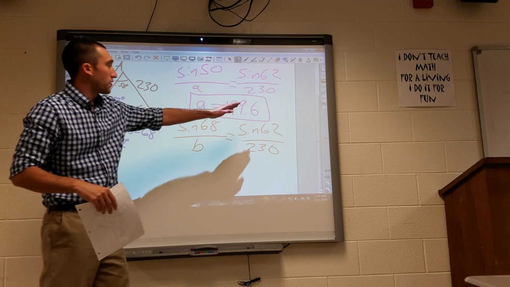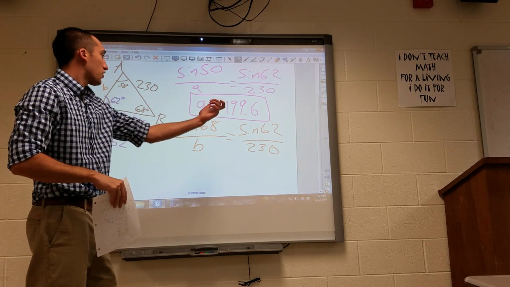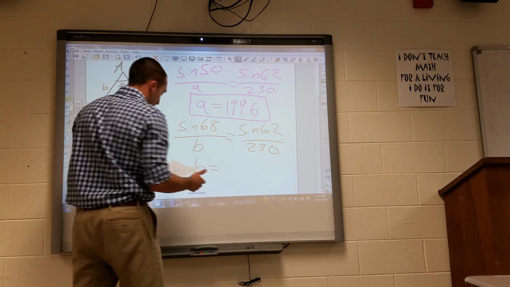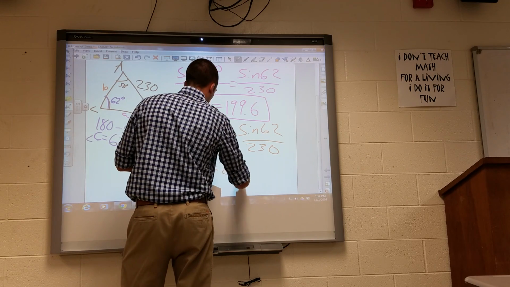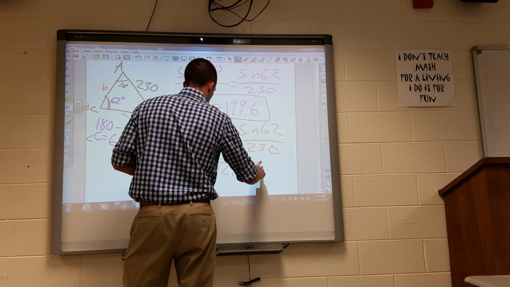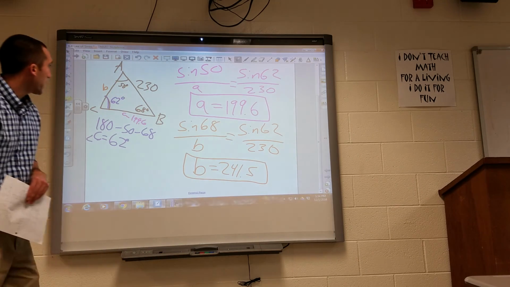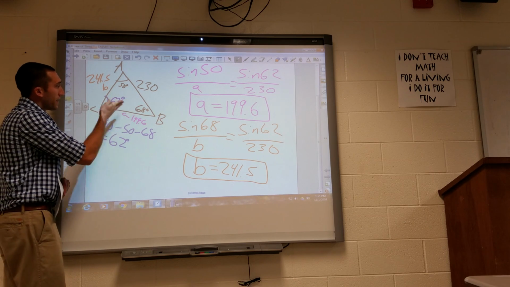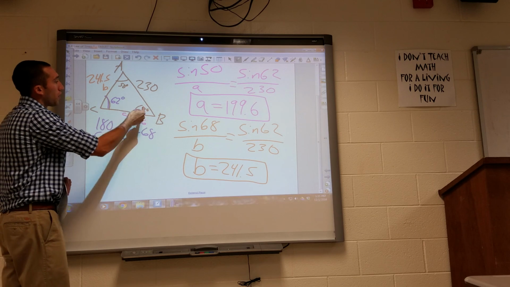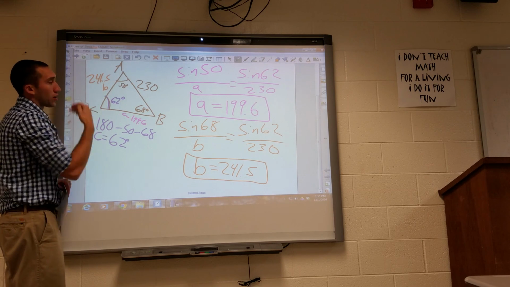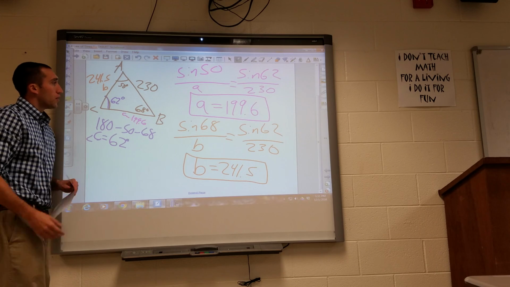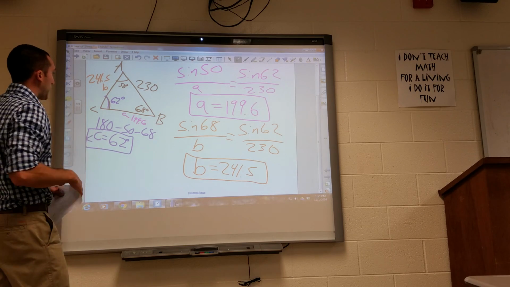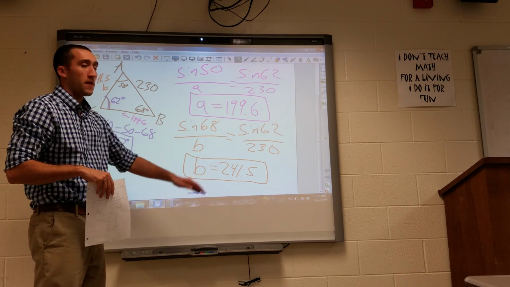Again, do sine 62 divided by 230, switch it with B, and then do sine 68 divided by whatever that answer is, and you'll see that B is equal to 241.5. Again, it makes sense, because angle B is larger than angle C, so side B should be larger than side C. So we have solved the triangle. We found all three missing parts: the missing angle, one of the missing sides, and then the other missing side.